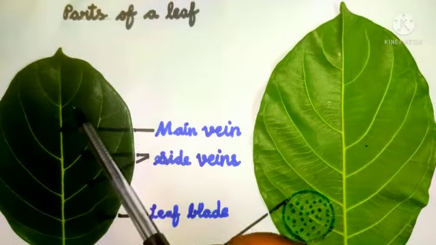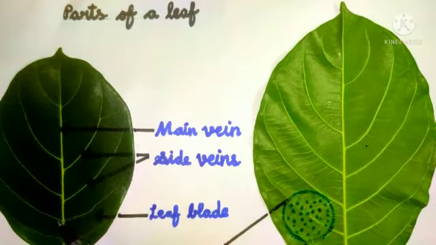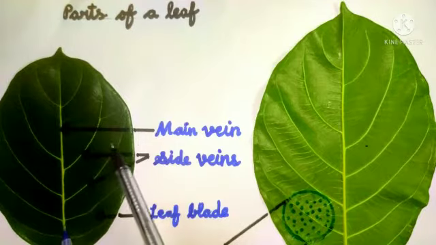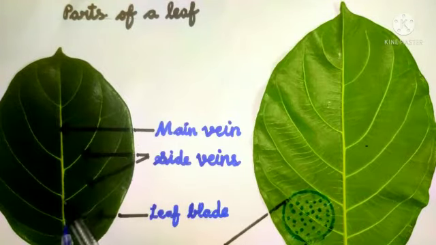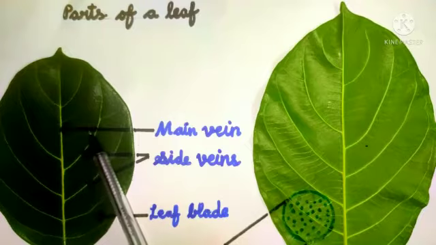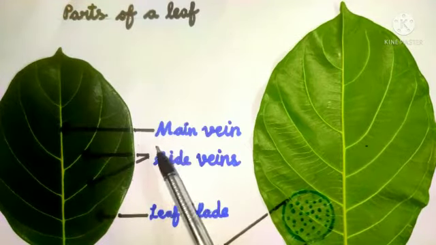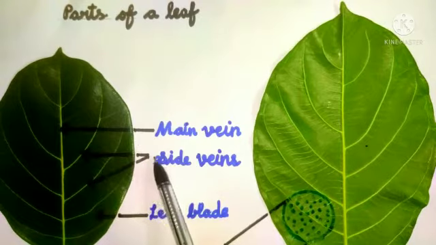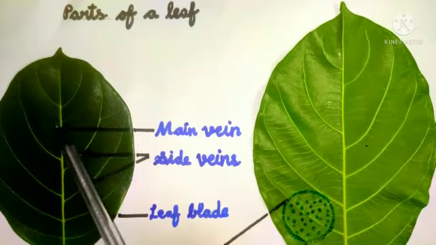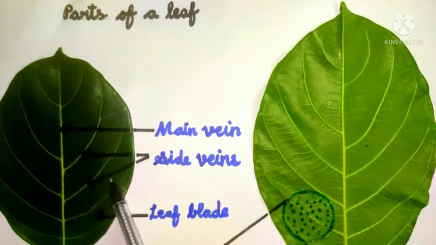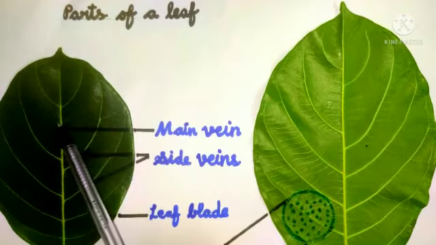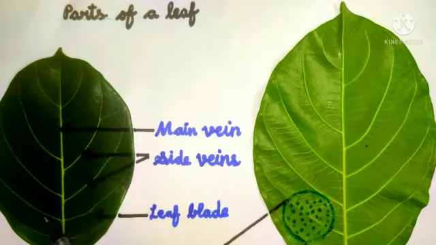Passing through the center of a leaf, there is a thick main vein. Now we can see smaller side veins branching out from the main vein.